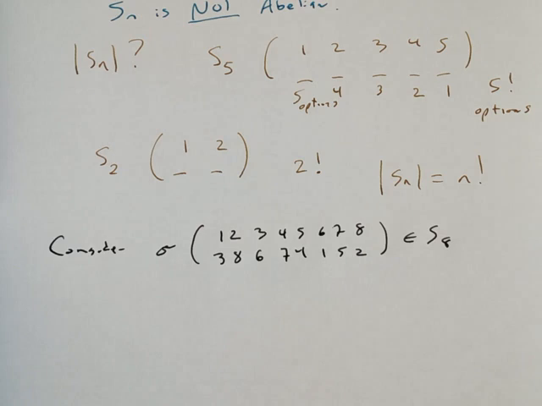Let's consider what happens to all the different numbers I'm using here, and let's iterate through this process. Somebody pick any number you want between 1 and 8 and repeatedly apply sigma to that number.